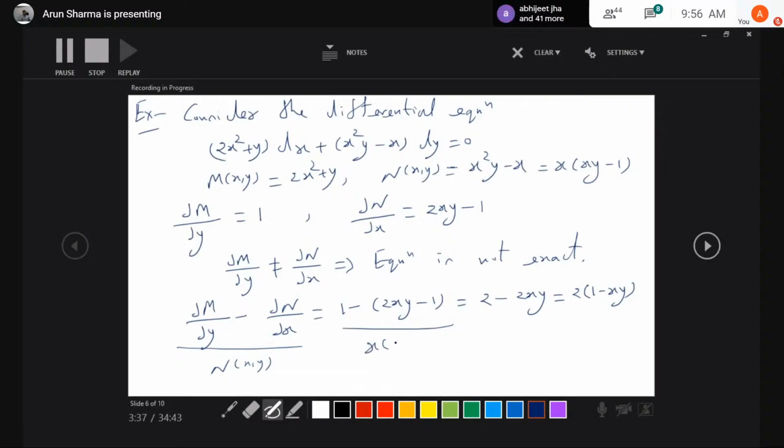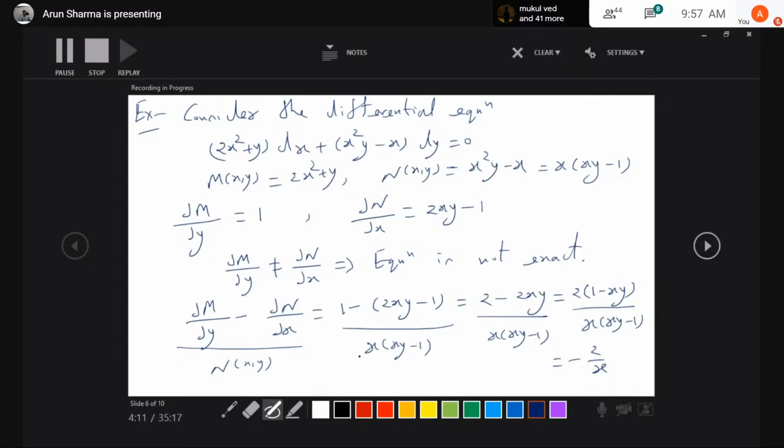So that means you are dividing it by x into xy minus 1. If you take minus common, then it will become minus of 2 upon x. If it is minus of 2 upon x, then that means it is a function of x.